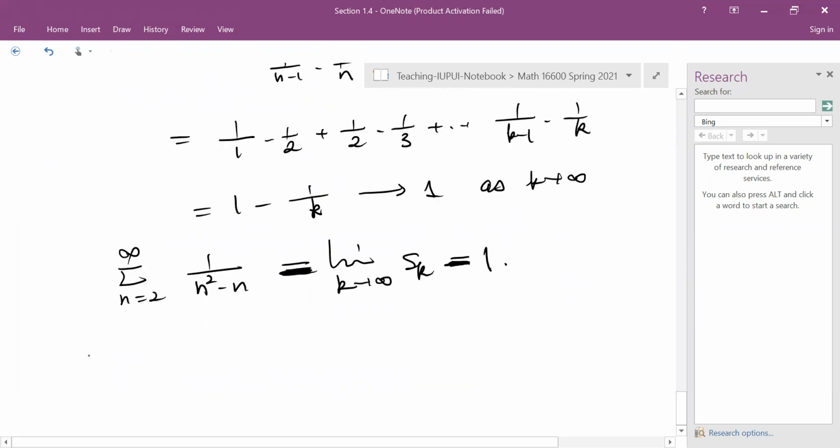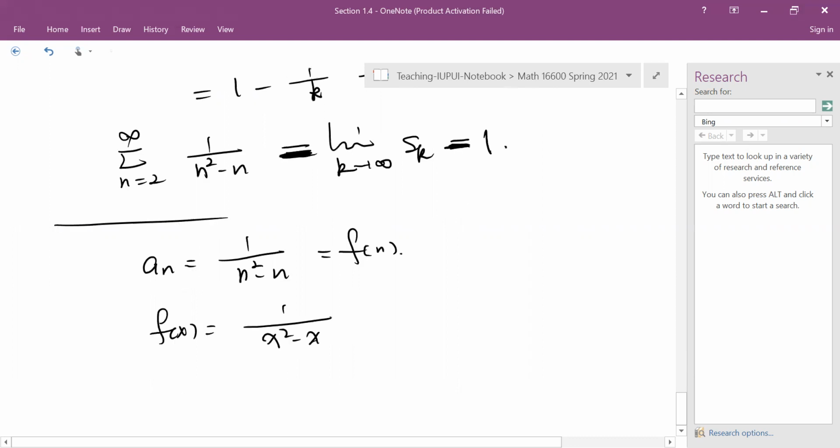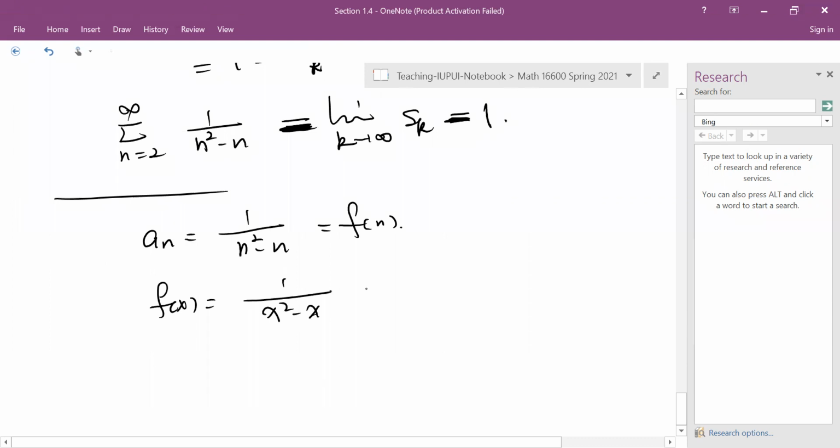The third one, I just consider a_n, I can use the integral test, which is equal to f of n, where f of x equals 1 over x squared minus x. And clearly f of x is positive, decreasing on the interval from 2 to infinity.